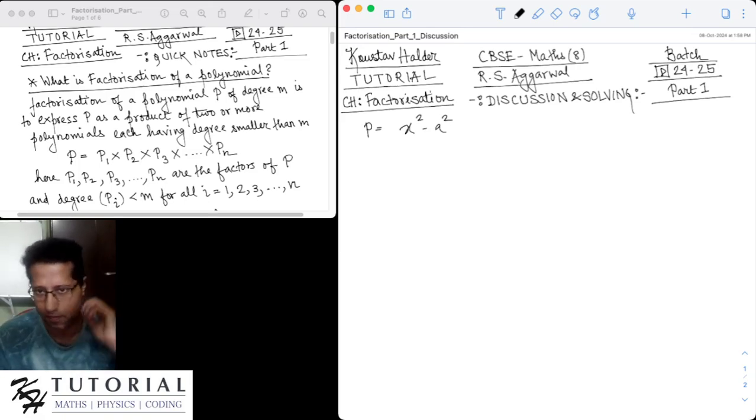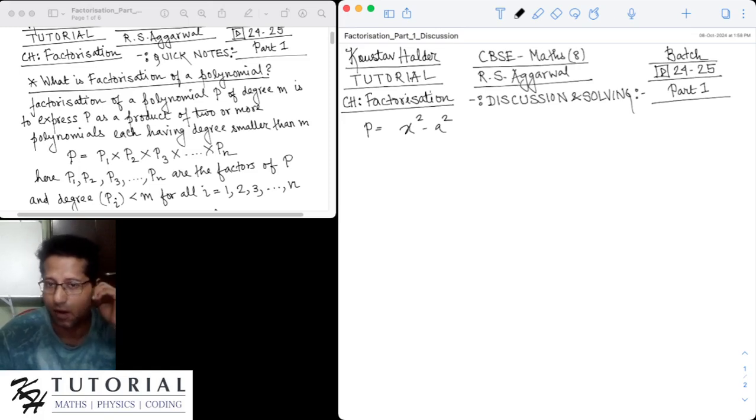And we can see that x square minus a square is a polynomial because the power of the variable x is 2, it is an integer. Now how do we factorize this polynomial P? A polynomial is a single algebraic expression. The moment we express a polynomial as a product of two or more algebraic expressions, then we say we have factorized P. And also notice that all the factors of the polynomial will be of lesser degree than the polynomial P. So in this example, P is the polynomial x square minus a square.